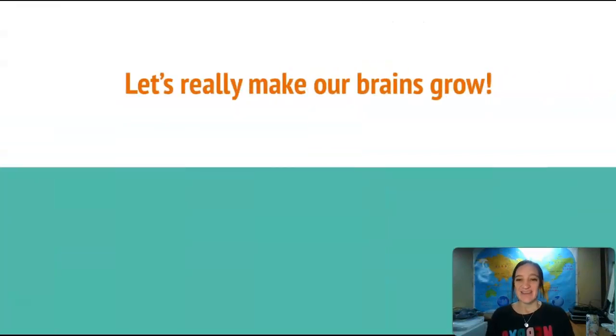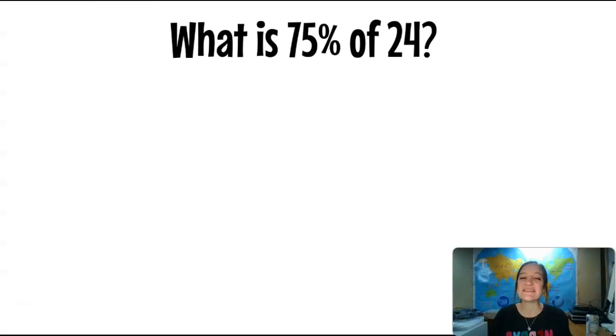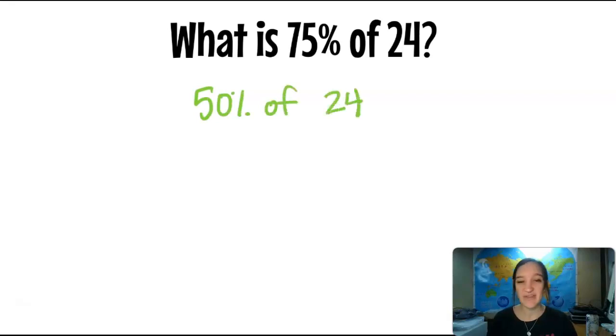All right. Let me give you one challenge to see if you can figure out what you would do. Just kidding. I won't give you a challenge. Oh, here we go. What is 75% of 24? I haven't taught you a rule for 75%. What if, hear me out, what if you take 50% of 24? I know that's not 75%, but then what if I add to it another 25% of 24?